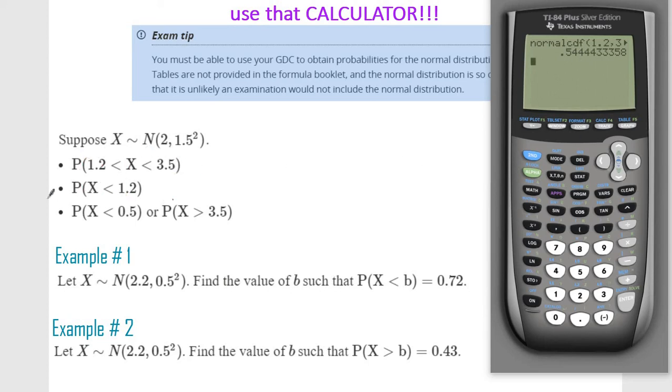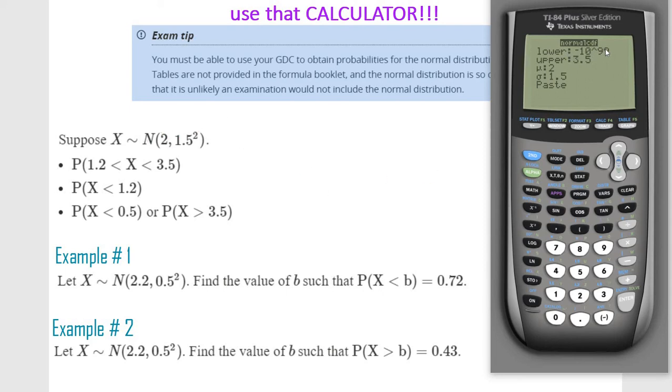All right, what about if we don't have a left and right? Okay, so we do second vars. We still do normal CDF. But now our lower bound, we're going to make it the lowest number we can think of. So -10 to the 99th power. That should seem low enough for us, especially when our mean is 2 and our standard deviation is 1.5.